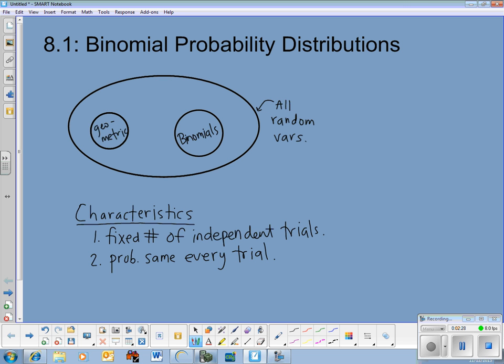You can't mix up the probability of succeeding every time. We next have, let's just put this into 3 total. We either succeed or fail every trial.